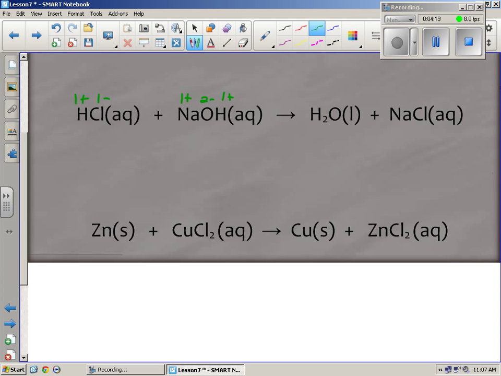Now, oxygen is a 2-. Each hydrogen, therefore, has to be a 1+. I have 2 of them in this compound, so 2 1+, 2 positive, has to go with the 2 negative. The important thing to remember is you are assigning one atom an oxidation number, not the combination of atoms.